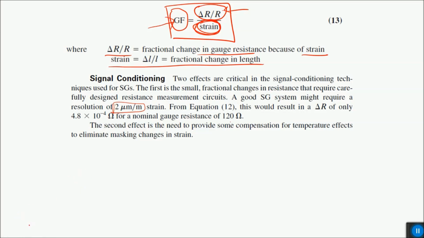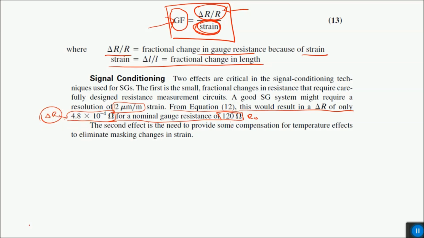We can see from equation 12 that this would result in a delta R of only 0.48 milliohms for a nominal gauge resistance of 120 ohms. So your R naught was 120 ohms and your delta R was 0.48 milliohms. So this much small resistance change you have to detect.